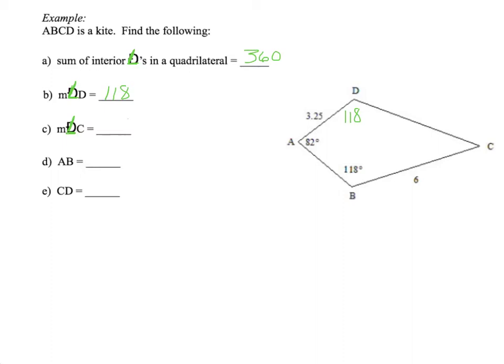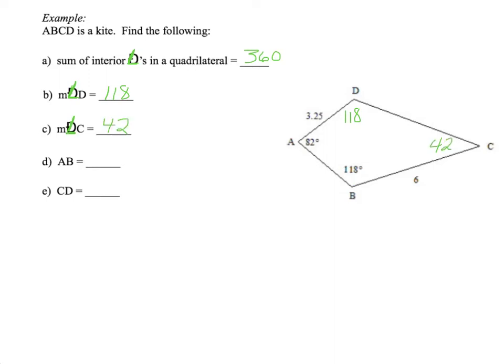Now, to find the measure of angle C, remember we said that in a quadrilateral there's 360 degrees. So if I take 118 plus 118 plus 82, add all of those up, and subtract that from 360 degrees, I'll end up getting the angle measure at C to be 42, because all four angles have to add up to 360 degrees.